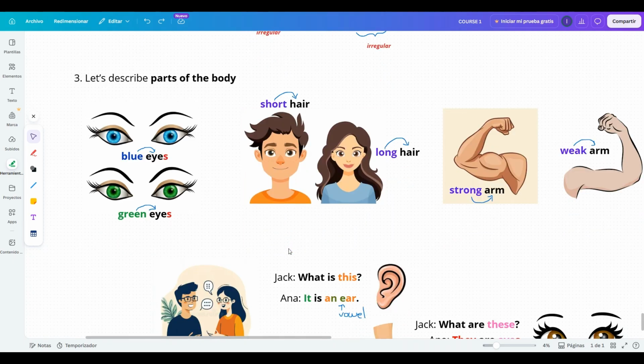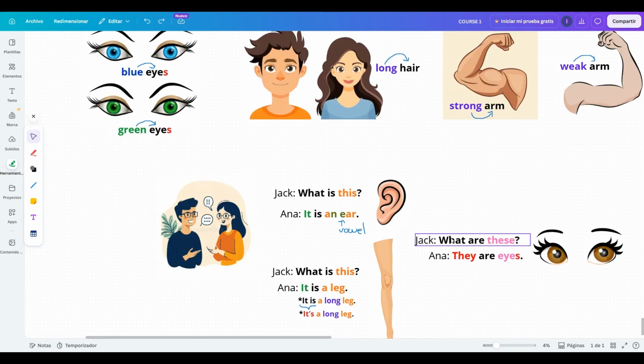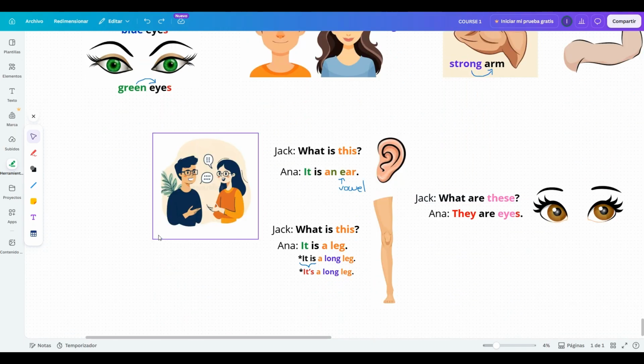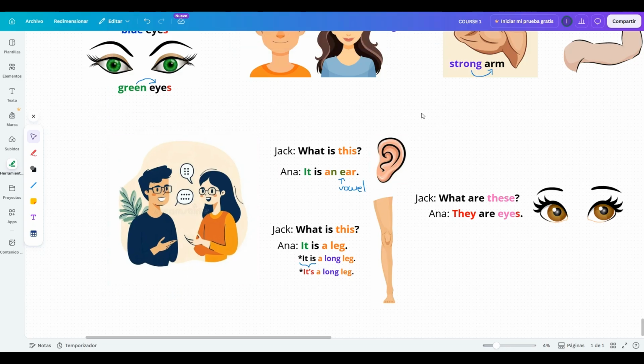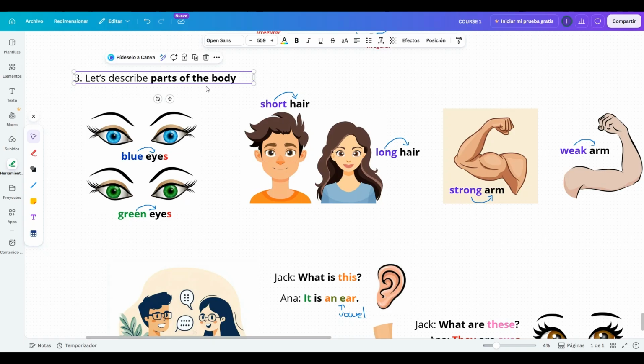Then we described these parts of the body like blue eyes, green eyes, short hair, long hair, strong arm, weak arm. And in conversations about parts of the body, use these questions, right? What is this? In singular and in plural, what are these?